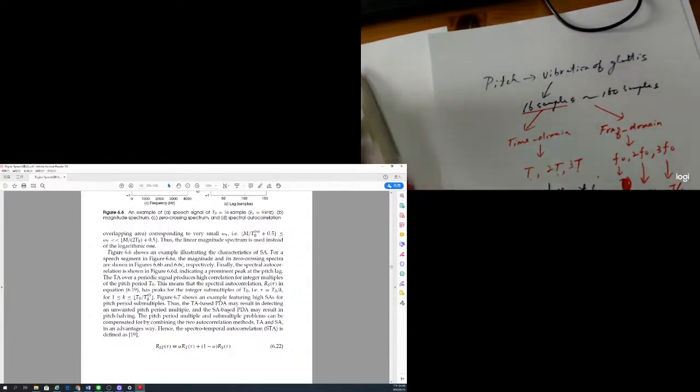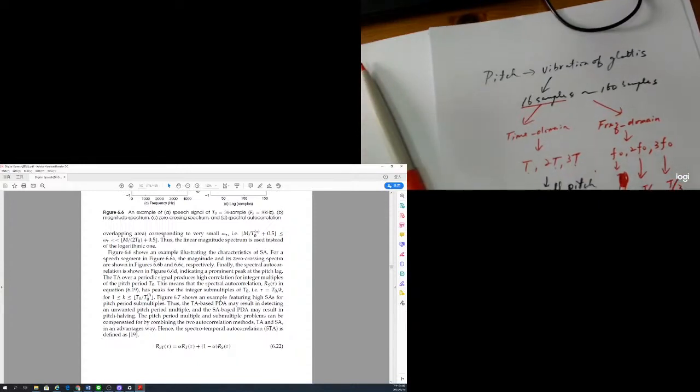So say, if you have a low pitch, your fundamental frequency will be lower. A low pitch's fundamental frequency will be lower, so you will easily find double frequency, triple frequency.